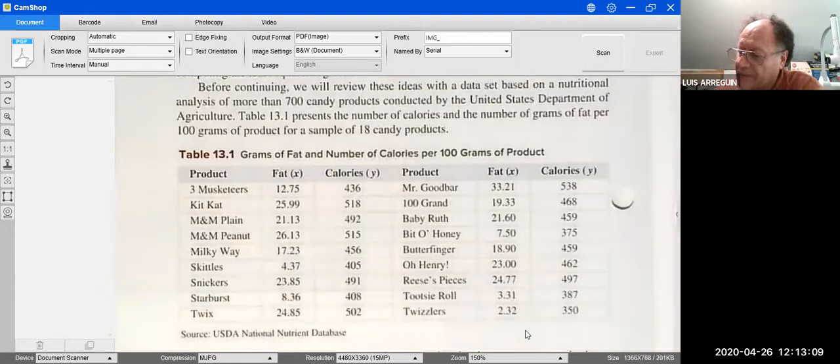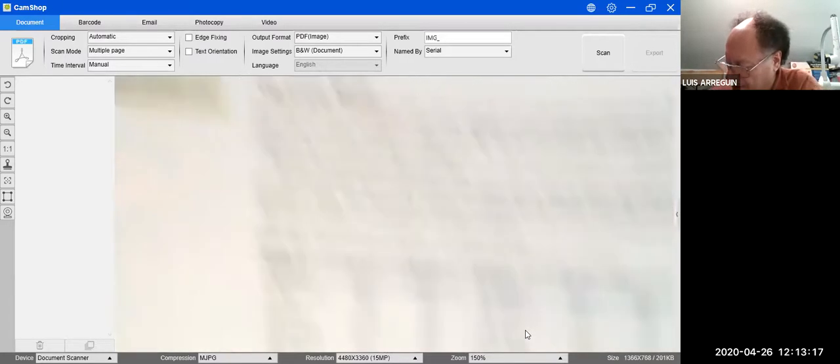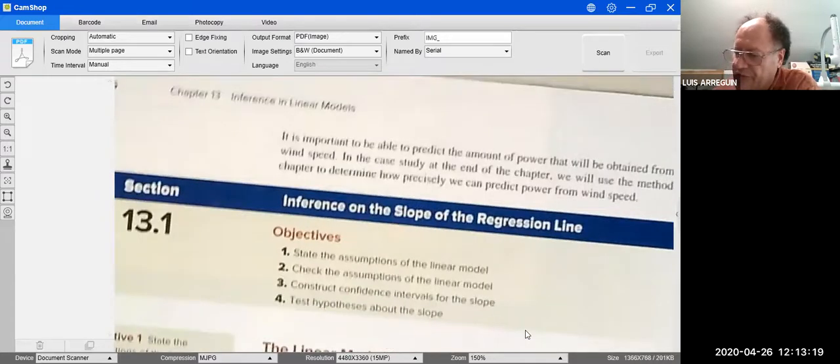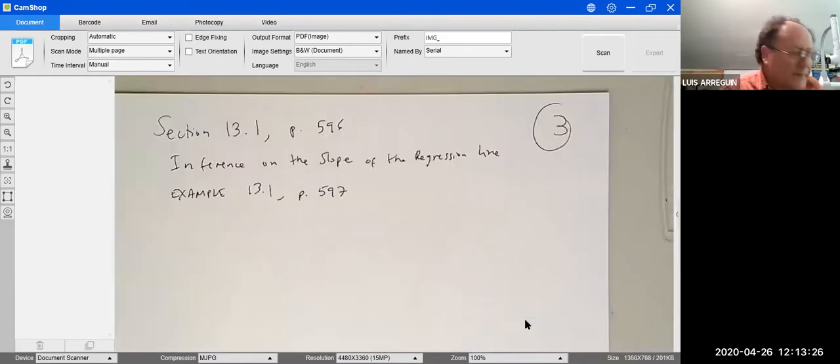So we're gonna use R to enter our data and to compute the correlation coefficient first, and then we're gonna need to find the values for B0 and B1.